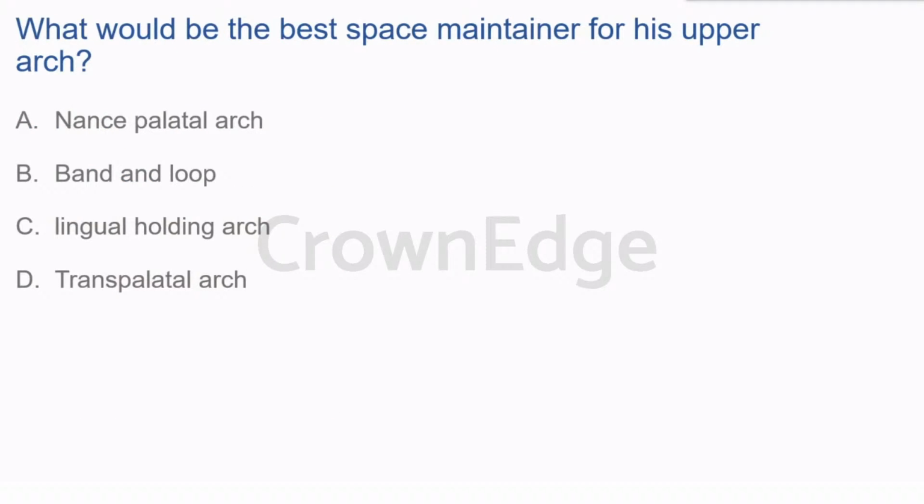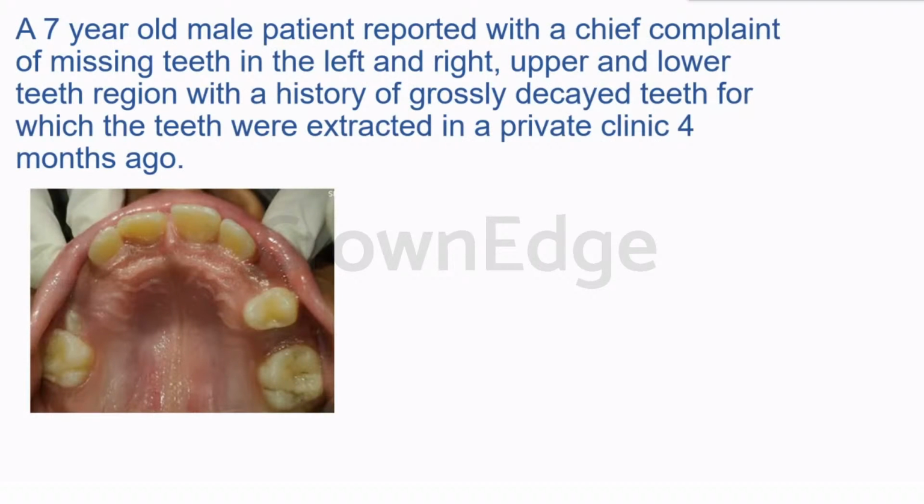Let's go through the options. Transpalatal arch is usually given for unilateral loss of teeth. It can be given bilaterally, but the stability is not as good as for unilateral loss. Lingual holding arch is for the mandibular arch, so it is not given in the maxillary arch. A band and loop space maintainer can be given, but it is not going to be stable.